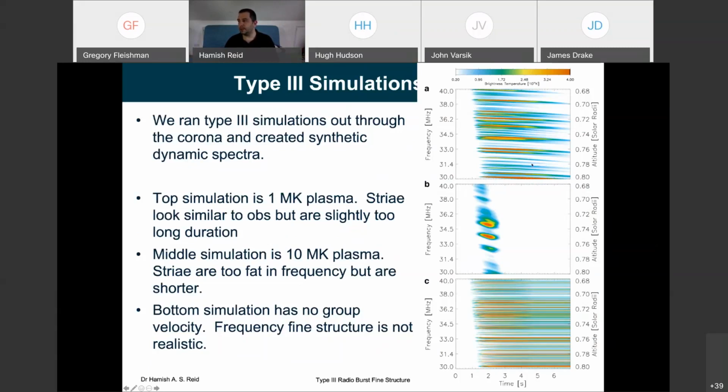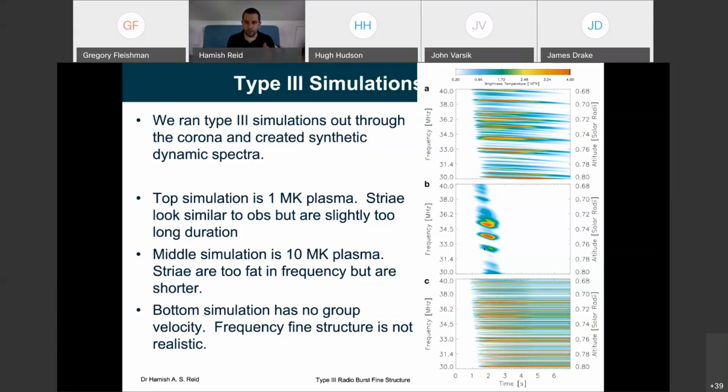And I'm glad Jim Drake asked about the kappa distribution before, because we actually think that this increase in the duration is because we're not simulating a kappa distribution. Now, the middle simulation is where you have 10 megakelvin plasma, and we found that the striae are too fat in frequency. They are actually a bit shorter, but they're too fat, and so their properties just don't work.